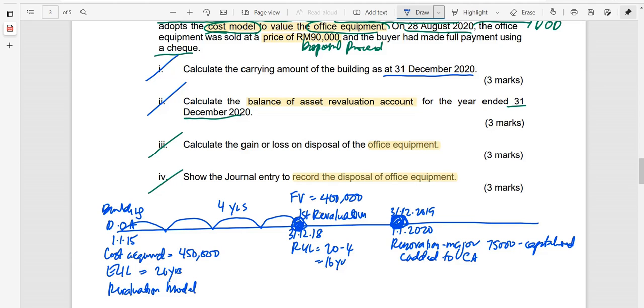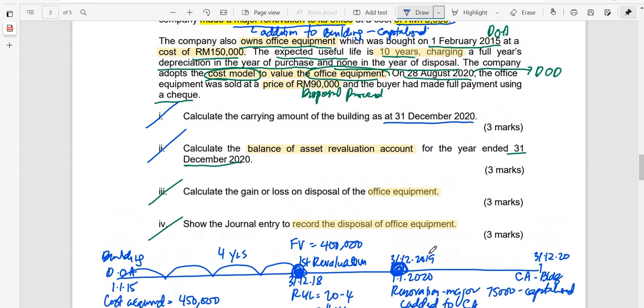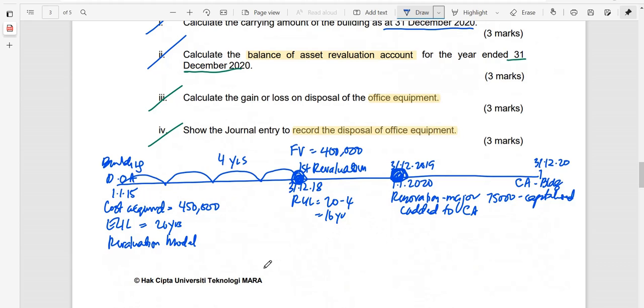So you are asked to calculate the carrying amount on 31st of December 2020, which is here, meaning the building after considering the first revaluation as well as the capital expenditure, the major renovation costs. So that is what happened.